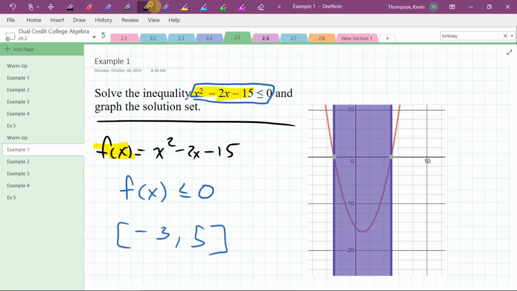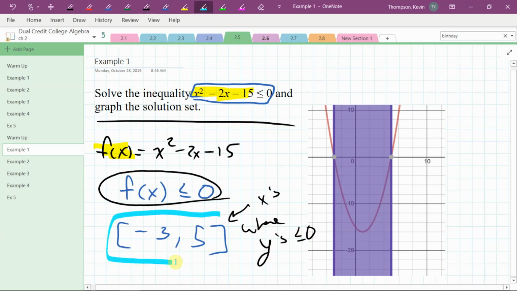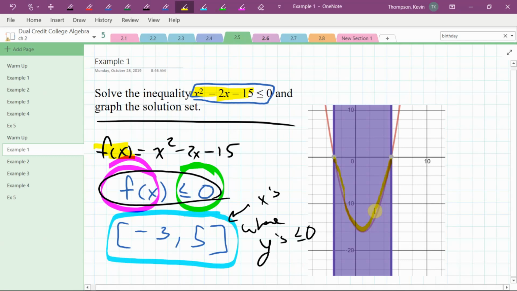And so again, the answer to this, I might say it this way, it's the x's where the y's are less than or equal to 0. So our solution are x's where the y's are less than or equal to 0. Again, looking at the graph, do you notice that the y's are less than or equal to 0, there to there, right?